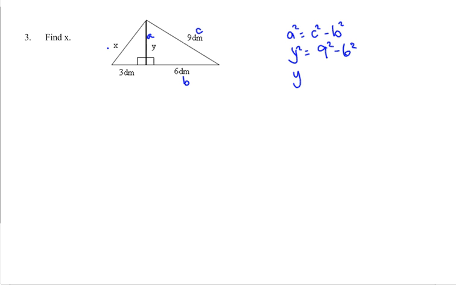Okay, so 9 squared minus 6 squared. So what is 9 squared minus 6 squared? 81 minus 36. 45? Okay, and we're going to square root both sides. And I'm going to show you a trick, because most of this is review, so we're going to build on what you already know. So when we square root both sides, I'm actually just going to leave it as a square root, as an exact value.